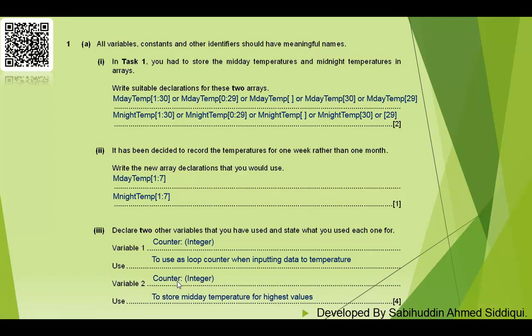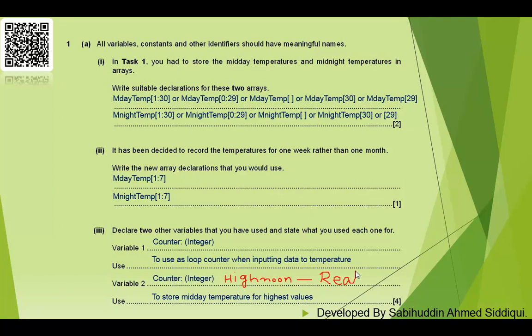Real value means the value which you will include here. I am just going to add it here, high noon, let's suppose, because counter you have already used, and this is the real value, that means real type, not integer.